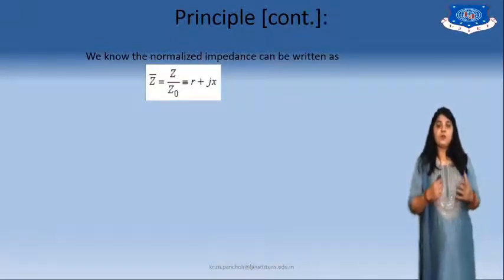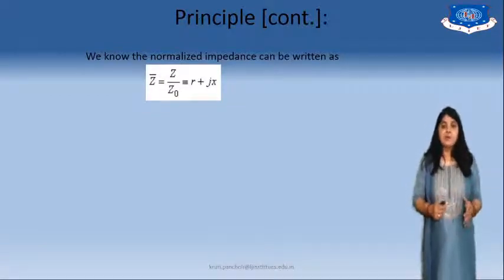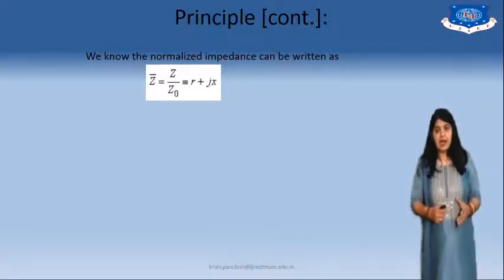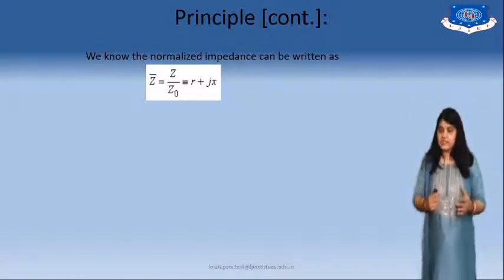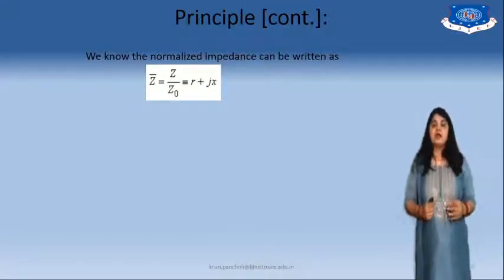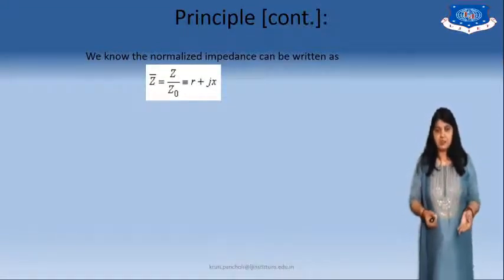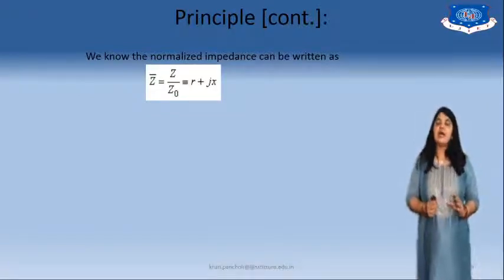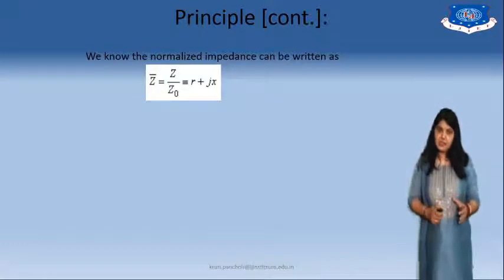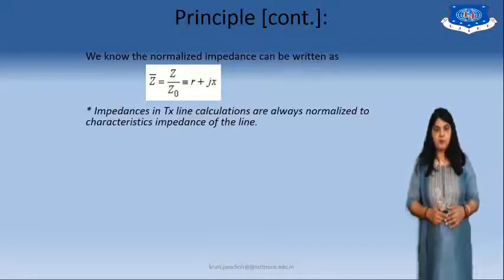We know the normalized impedance can be written as Z bar is equal to Z upon Z0. Z is the impedance which is given to you, divided by Z0, the characteristic impedance. Solving this, we have the answer R plus jX, some real and imaginary portion.